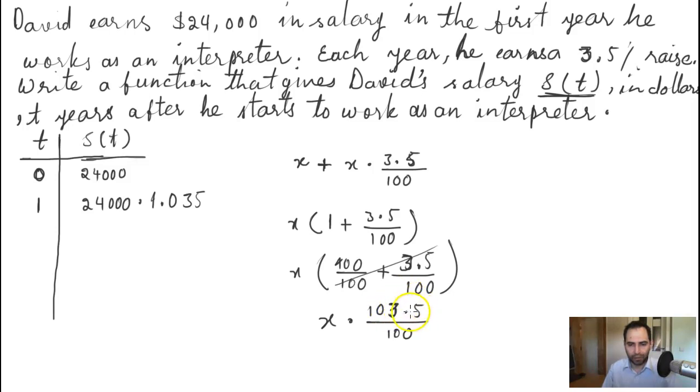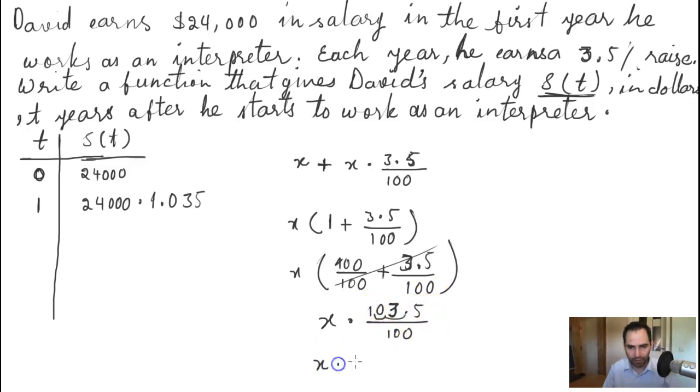Then 103.5 divided by 100, you have to move the decimal place 2 positions to the left, so it becomes 1.035.